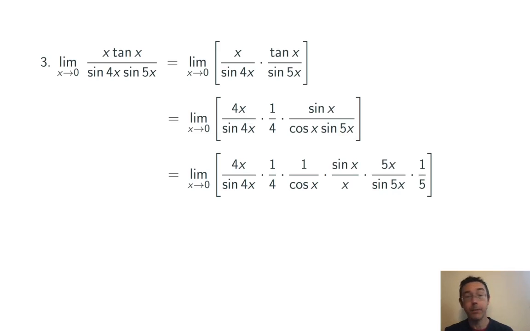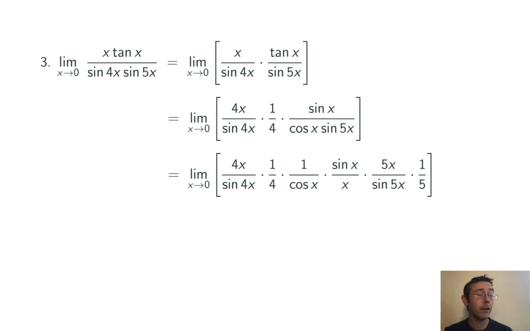I'm going to break that up into two fractions, sine x over x and 5x over sine of 5x, because each of those limits can be evaluated using the first of the identities from the previous slide. Here I've multiplied the numerator by 5, so to keep things equal, I'm going to be multiplying by 1/5 as well. Now each of these factors has a limit that I can evaluate.